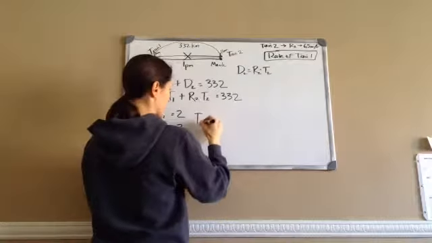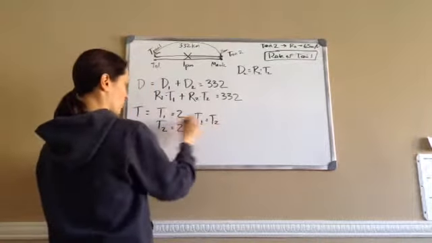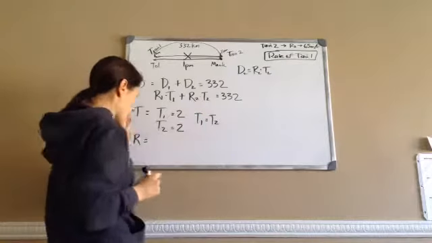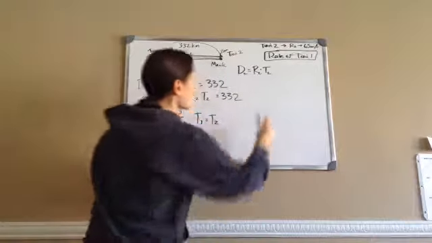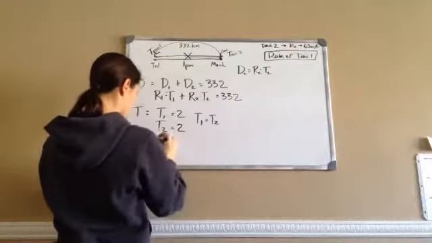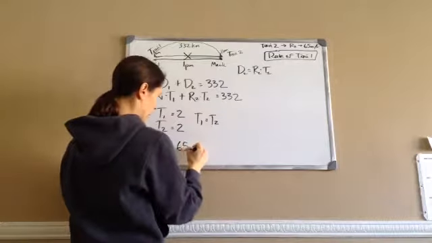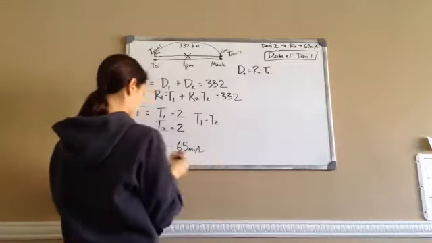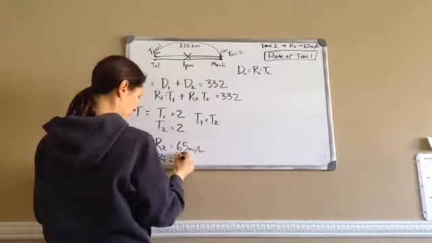So we also know that T1 equals T2. Just a side note. I don't know which one we're going to use yet, so we'll see. And then the rates: we know that the rate of train 2 equals 65 miles per hour. And we don't know the rate of train 1. That's actually what we're trying to figure out.